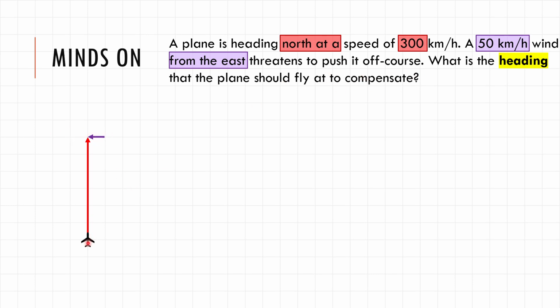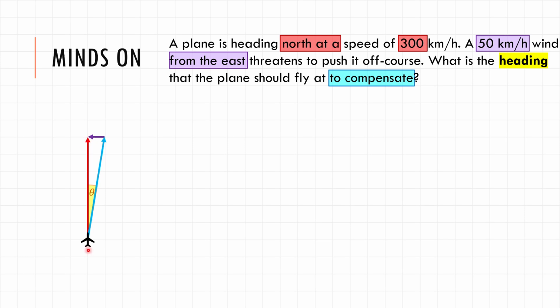In other words, the plane should try its best to fly in this direction to compensate. And that way, if it goes in this direction and the wind pushes it this way, hopefully it'll remain right on track. Our job is to find out what is that angle that the plane needs to turn so that it ends up exactly where it intended to the whole time, going straight north.